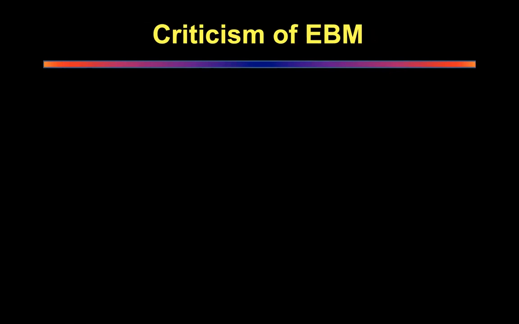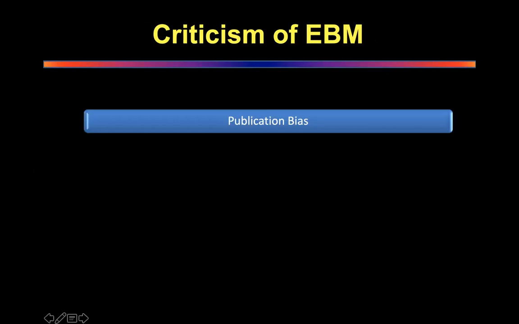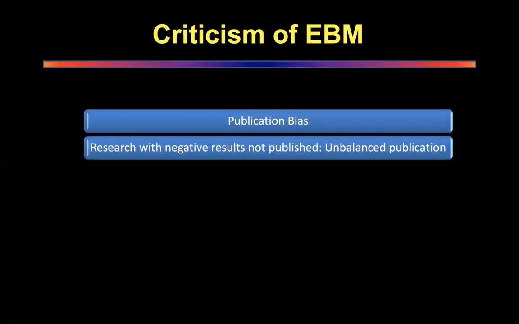So what is the criticism of evidence-based medicine? Again, this is a question I often ask in the exam. What do you think is the problem with evidence-based medicine? There is a lot of publication bias. You may read a paper in the journal, but all journals want to publish good positive papers.